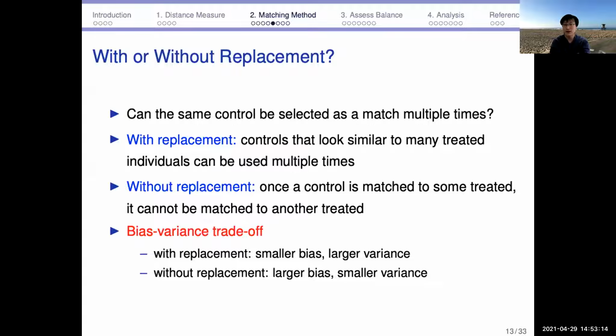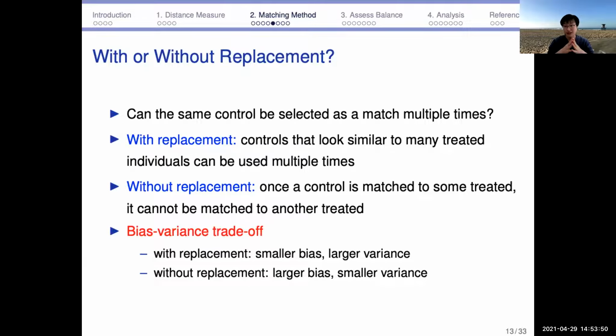If we do matching with replacement, then we would have a better chance that each treated will be matched with the best control. Because two treated may have the same control as their best match, if we're able to reuse them, then we'll increase the balance in the matching. If we reuse someone, we count it twice. In this case, we'll have a smaller bias.